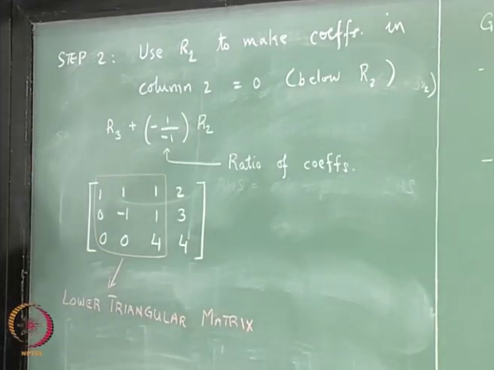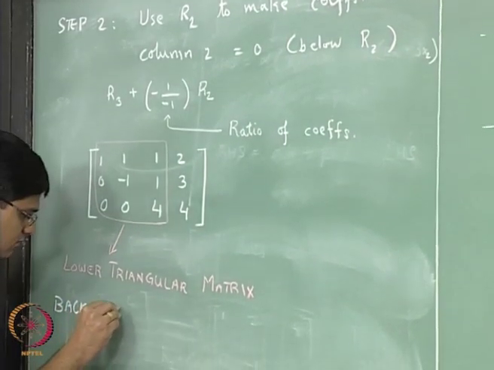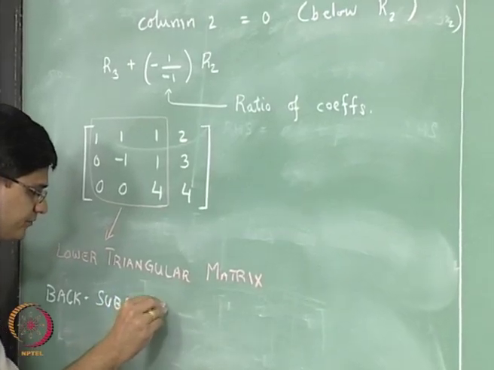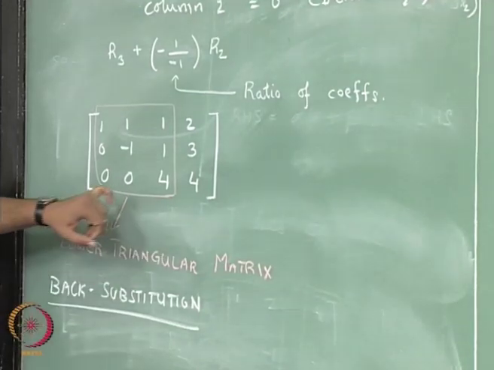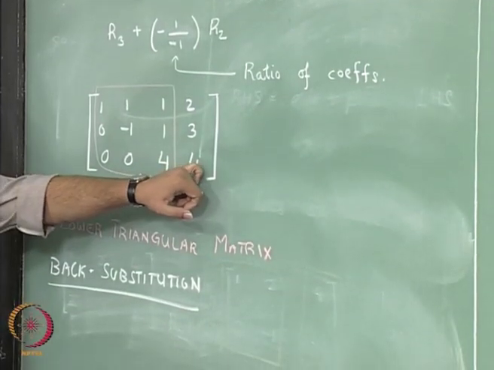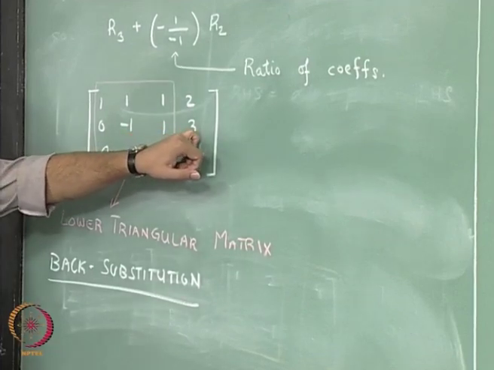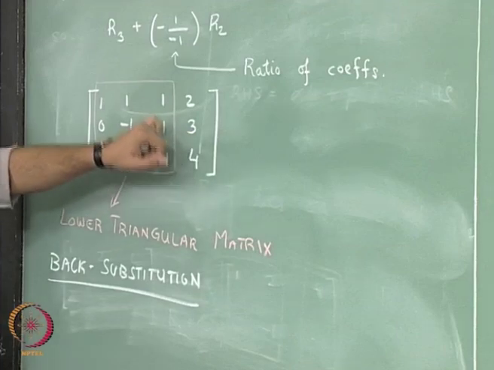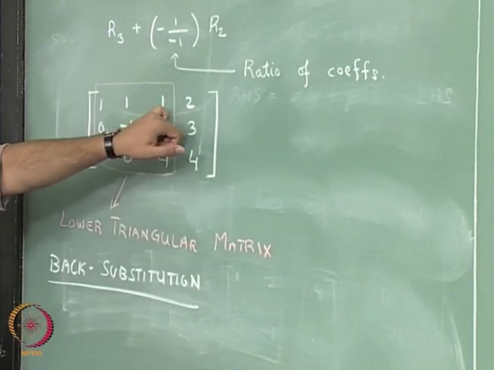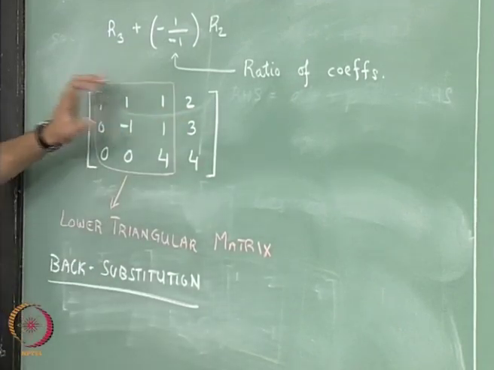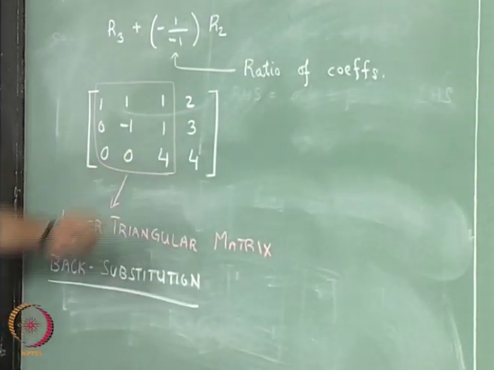And then we will use the back substitution, and in the back substitution step we will have x3 equal to 1. We will substitute this x3 equal to 1 over here, x2 equal to minus 2, we substitute x2 equal to minus 2 and x3 equal to 1 over here, and we will get x1 equal to 1 in this particular equation. Okay. So, this is how we will actually get the final solution.